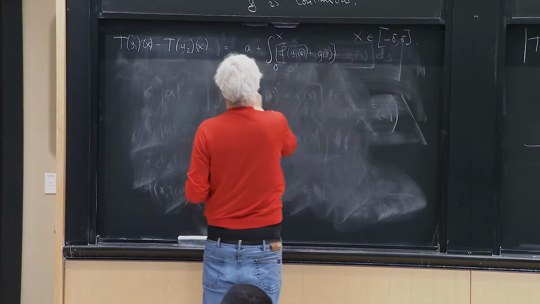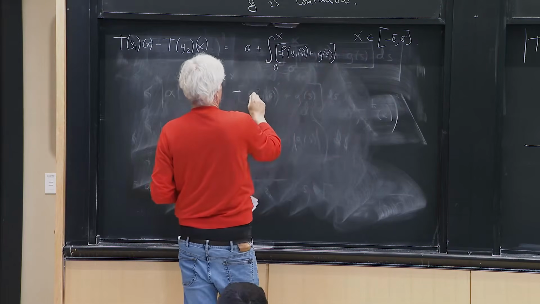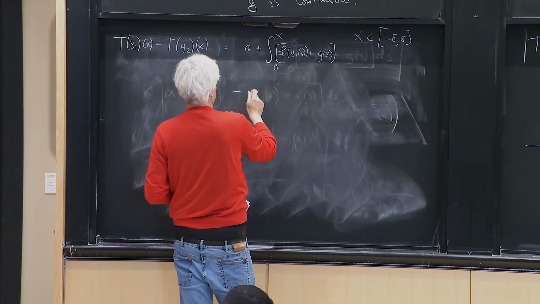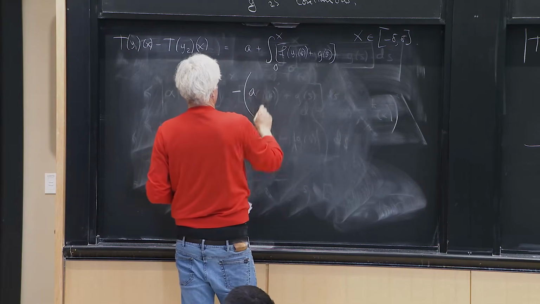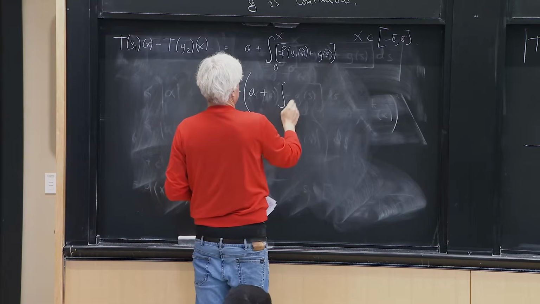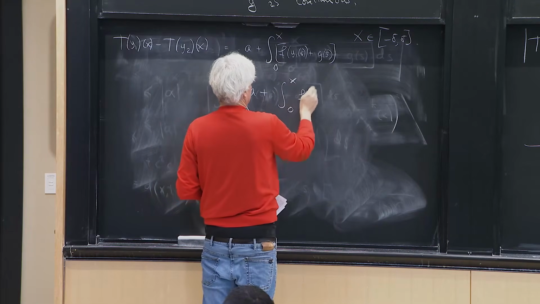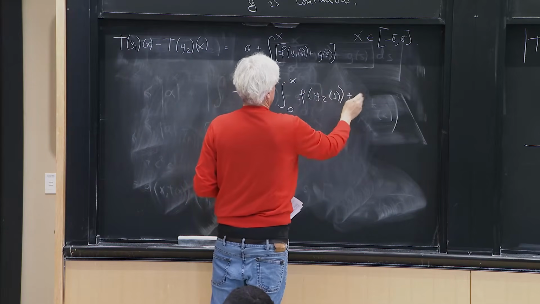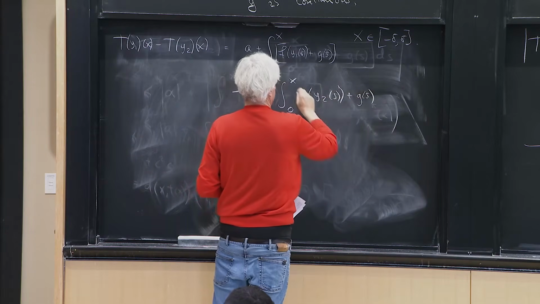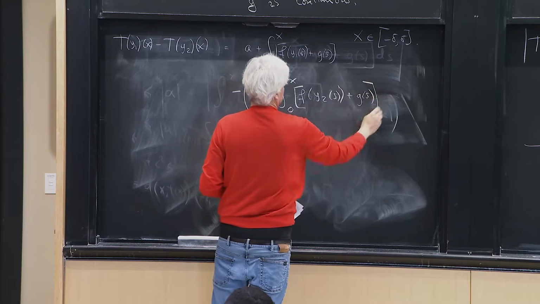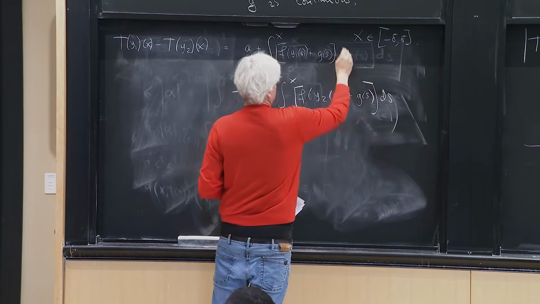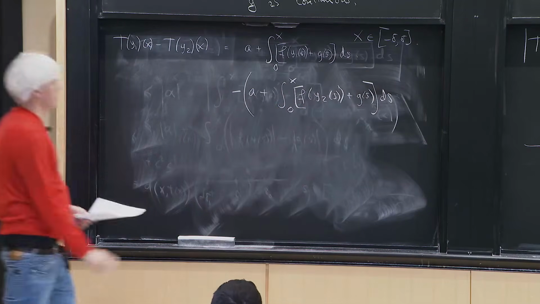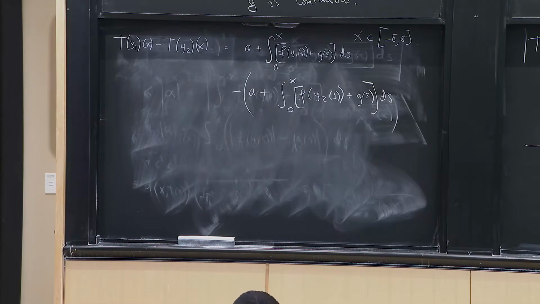And then you have minus, this is what you get for y2, a, so minus this thing here. So this is this difference, right?